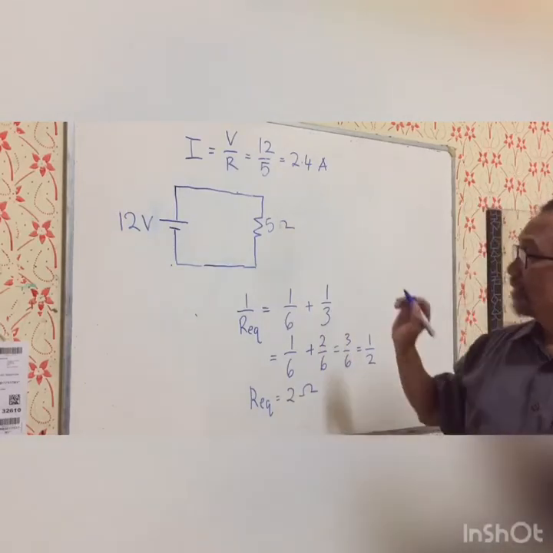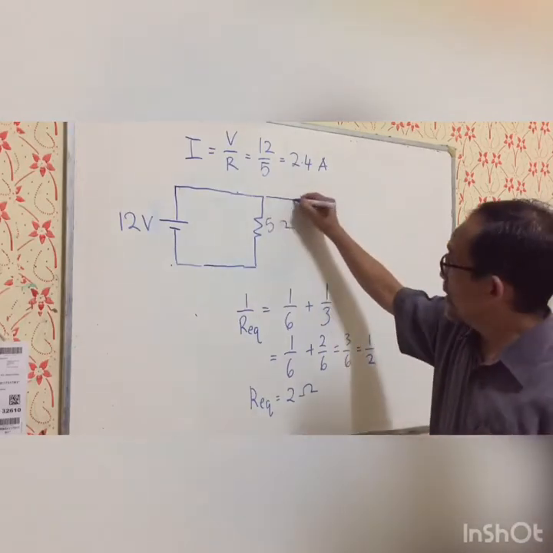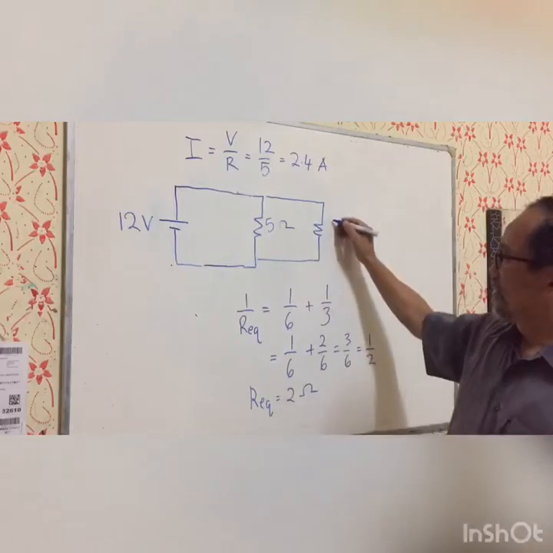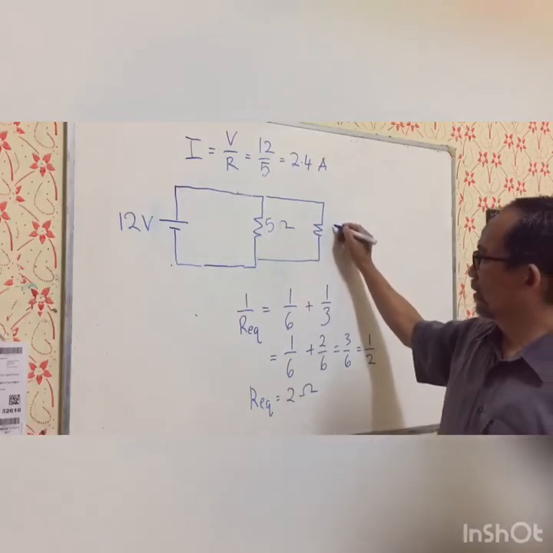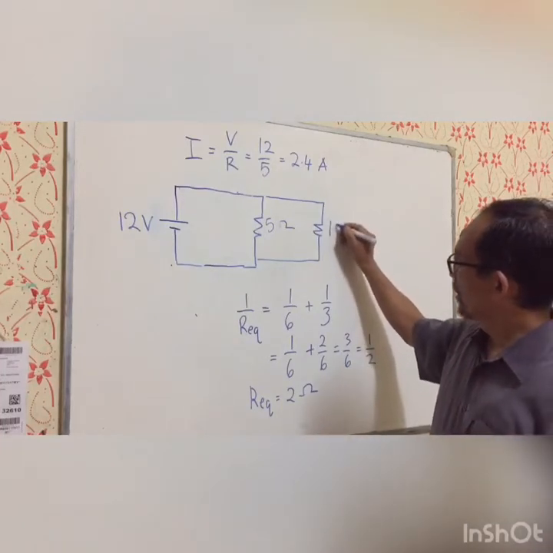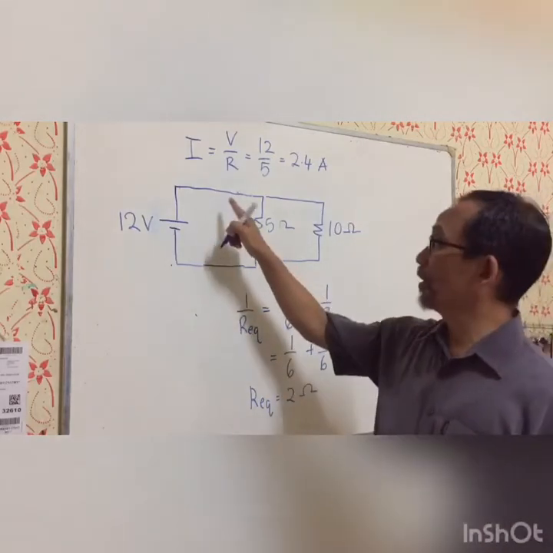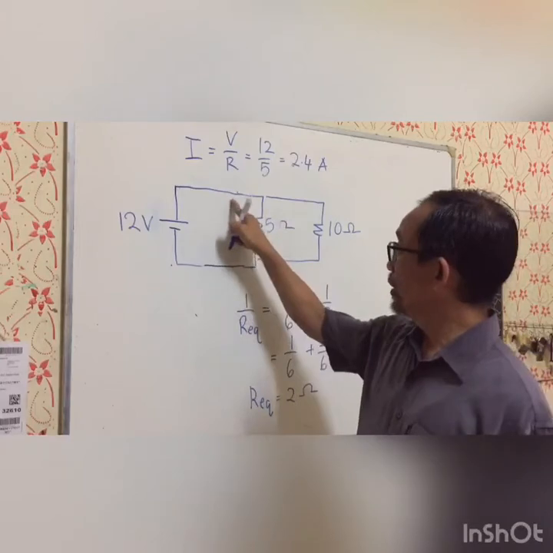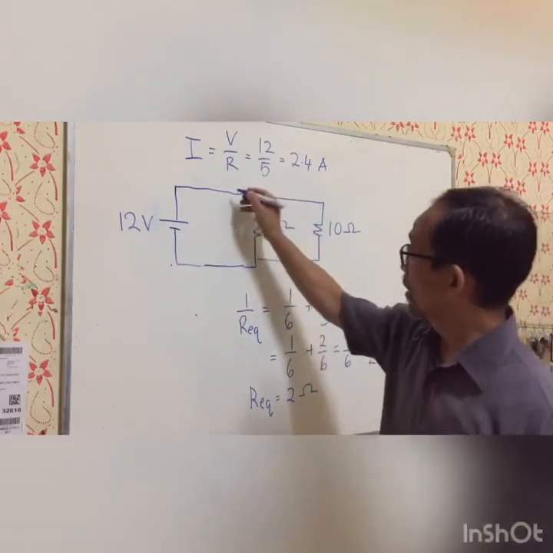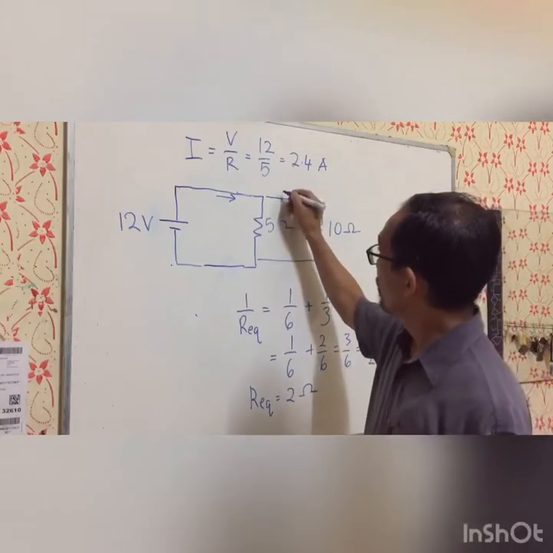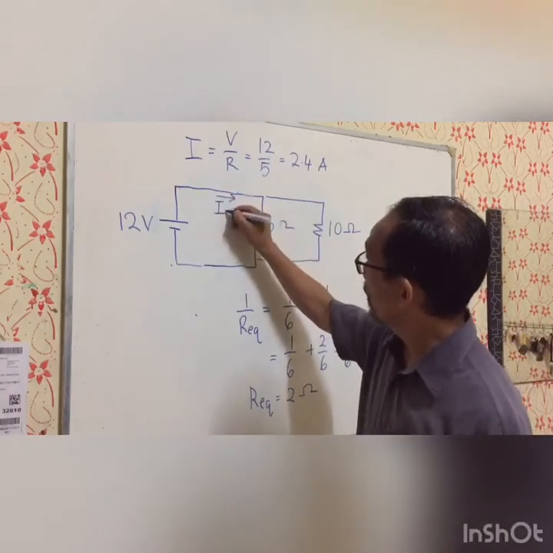Let's say we have another resistance in parallel. Let's say this is 10 ohm. Okay, what is the current going through here, and that is going into this junction, and also this is, let's say this is I1.